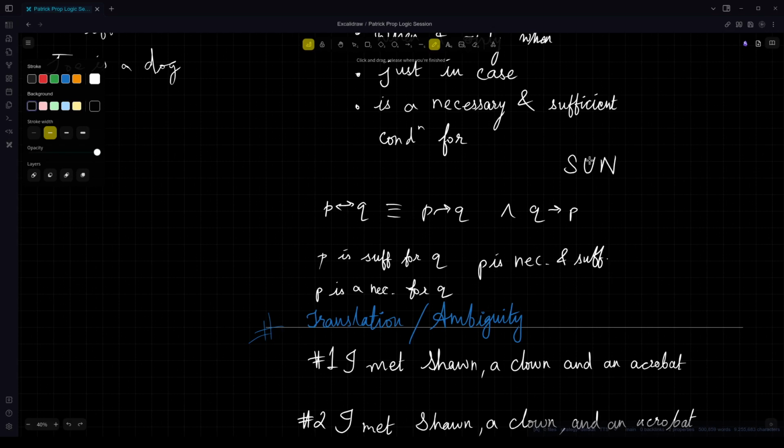The antecedent is always a sufficient condition, and the consequent is the necessary condition in a material conditional. P double implies Q would just mean the same thing as the conjunction of P implies Q and Q implies P. Okay, we can move to the next part.